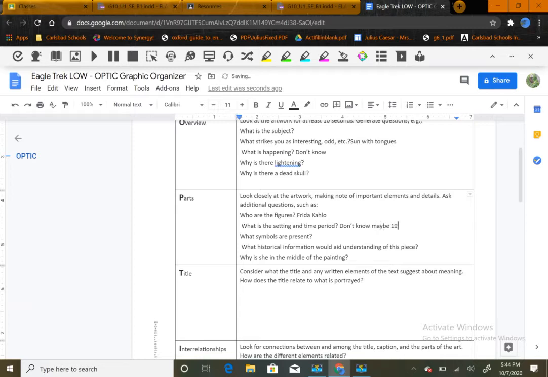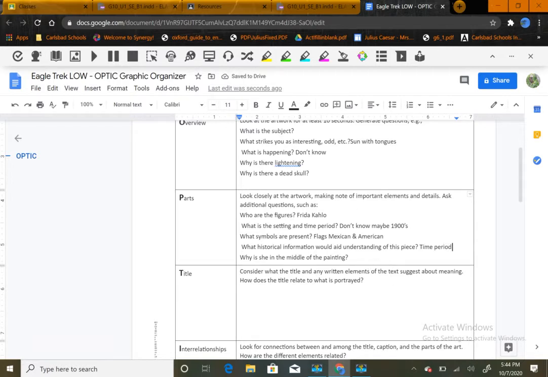Maybe 1900s. What symbols are present? Flags, Mexican and American. What historical information would aid understanding this piece? The time period. Okay.